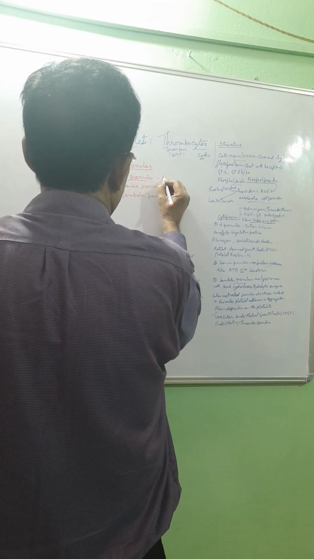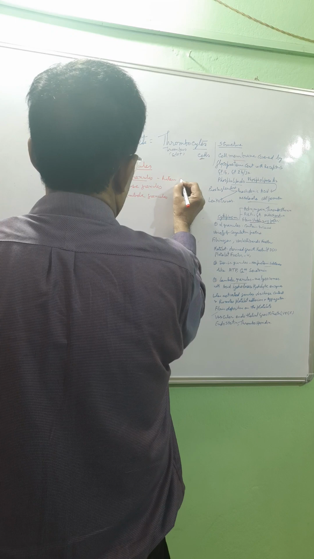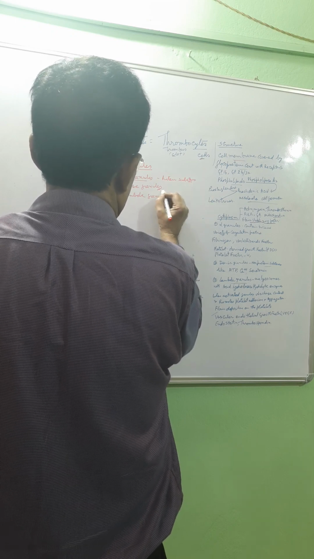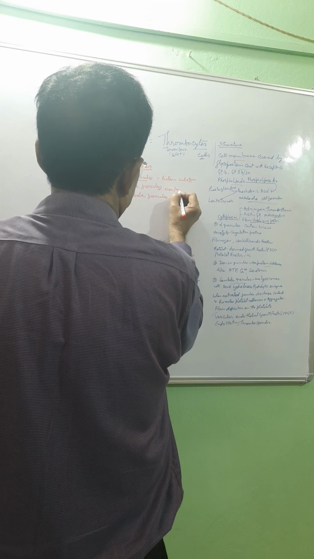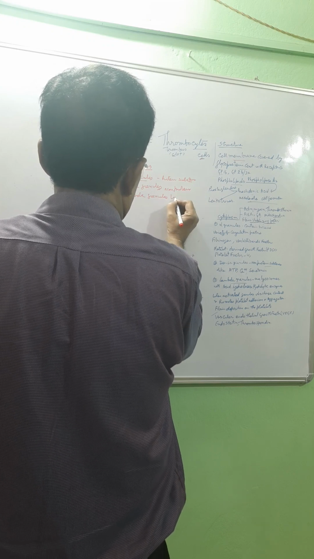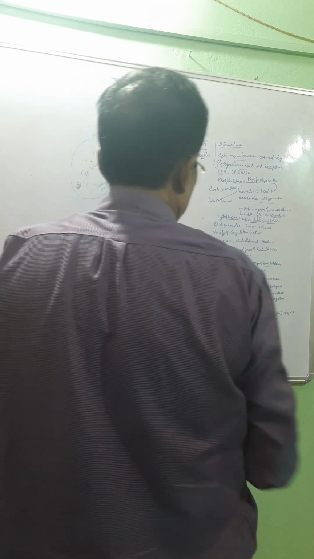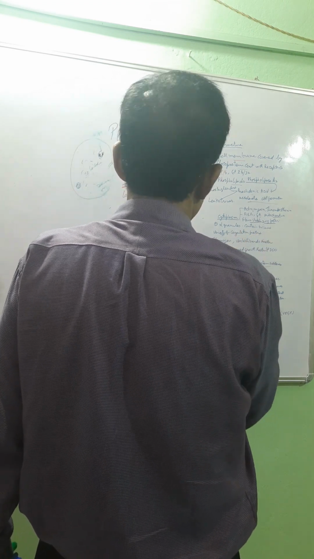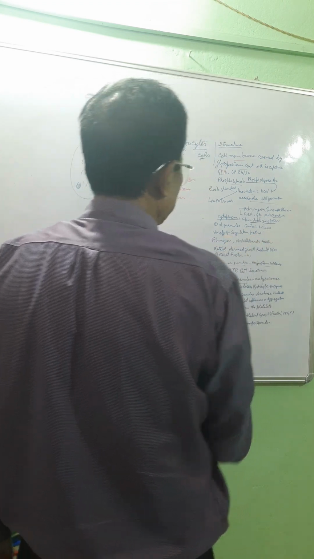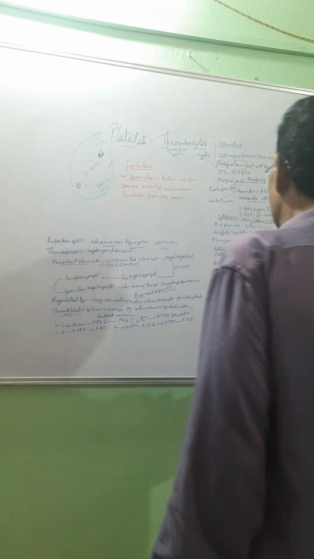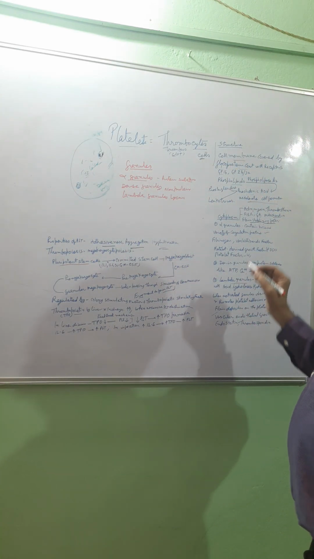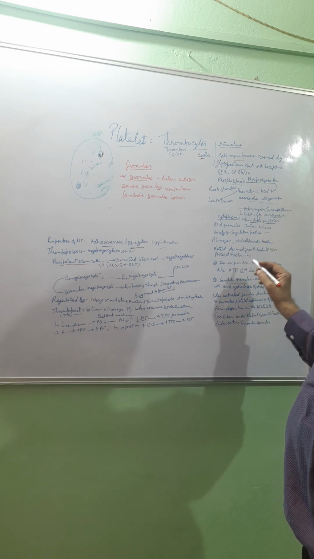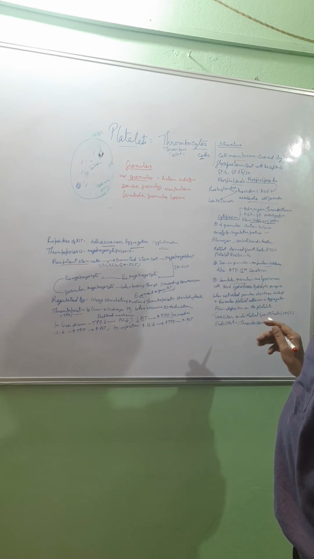Alpha granules contain protein substances, a variety of coagulation factors: fibrinogen, von Willebrand factor, platelet derived growth factor, and platelet factor 4.